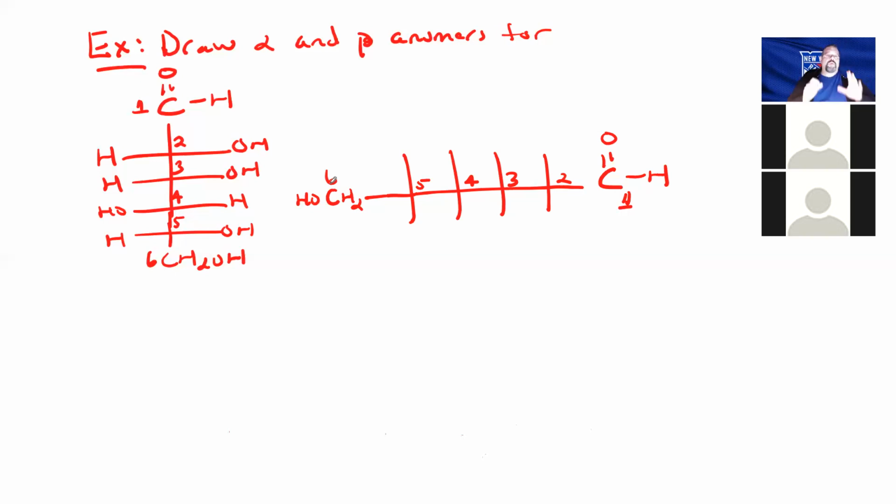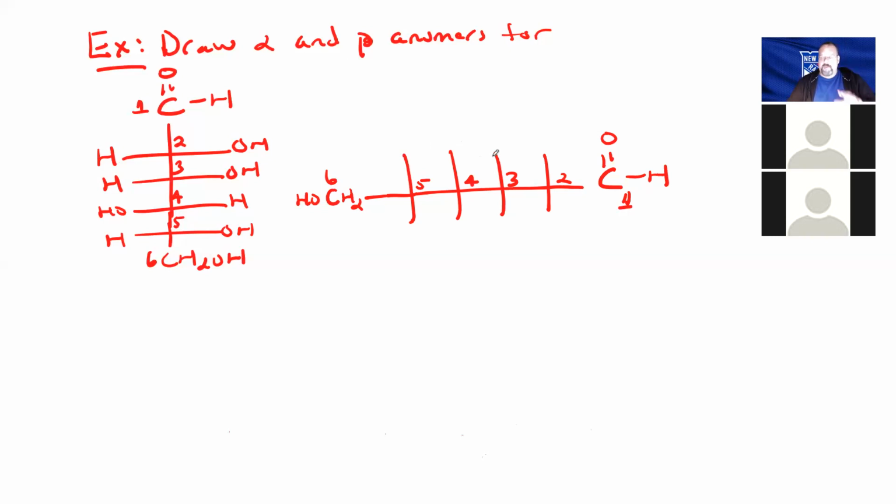So the reason this step is so important is because when you go from a Fischer projection to a Haworth structure, there's a defined translation from left and right on the chiral carbons to what are going to be up and down on the chiral carbons, because they're going to become part of a ring.